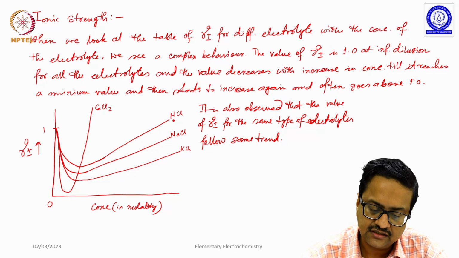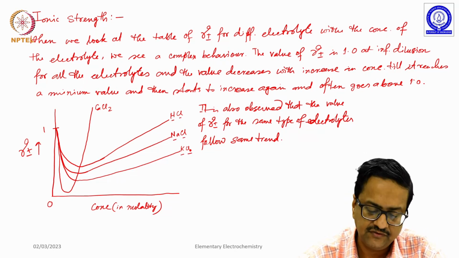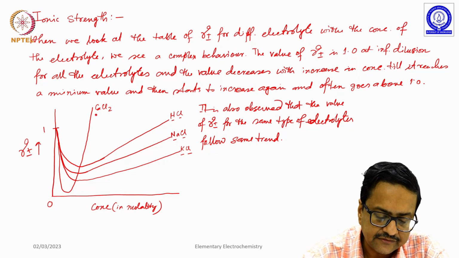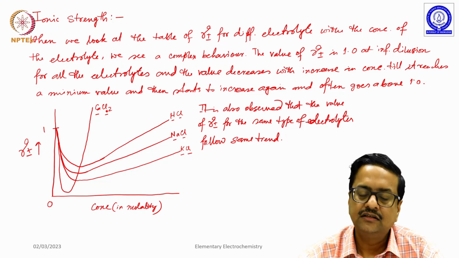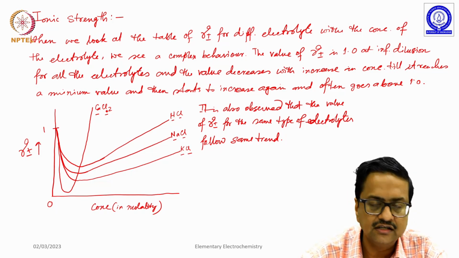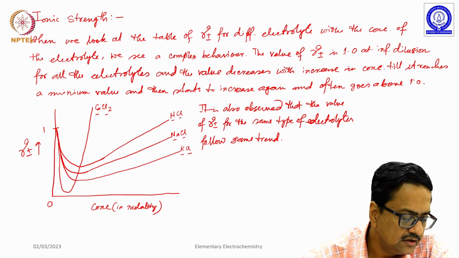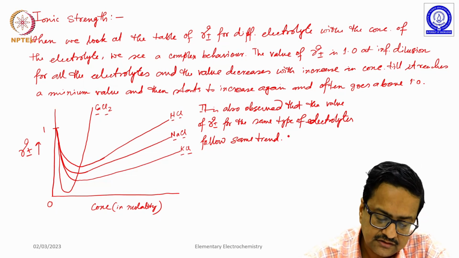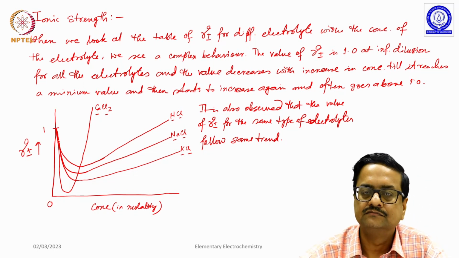That is, univalent electrolytes follow a similar trend, whereas for bivalent versus univalent electrolytes the nature that you see is different. And most of them are very similar at low concentration.